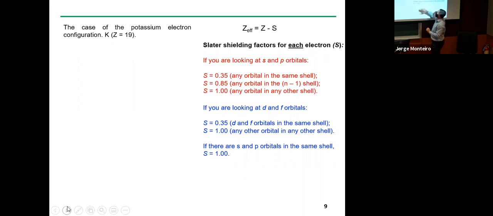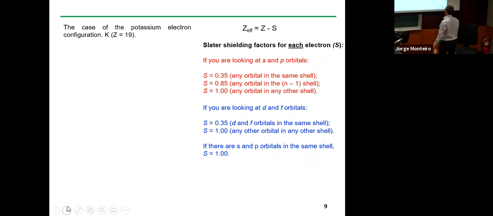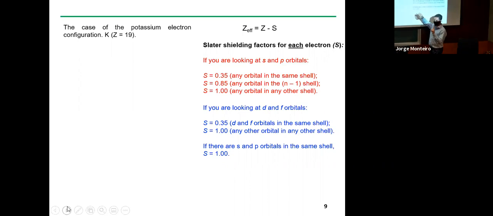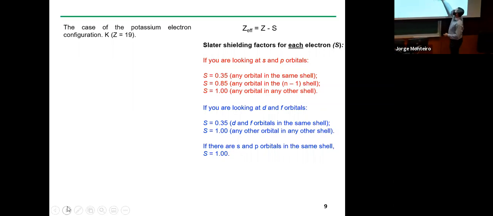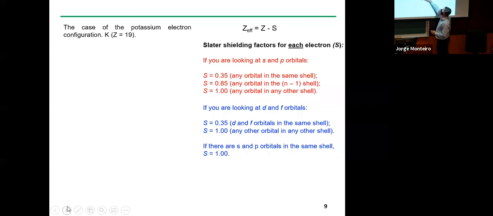And any other orbital in the same or another shell will have a Slater shielding factor of 1 unit. Okay, so see the difference here. If we are looking at shielding over 3d orbitals, S is going to be 0.35 for each d and f electron in the same shell and one for any other orbital in any other shell.